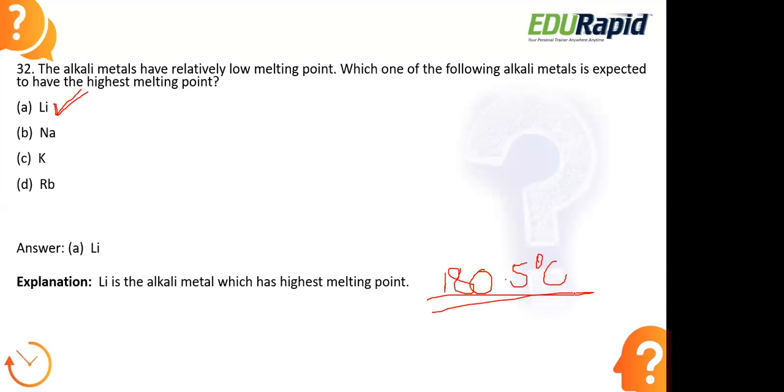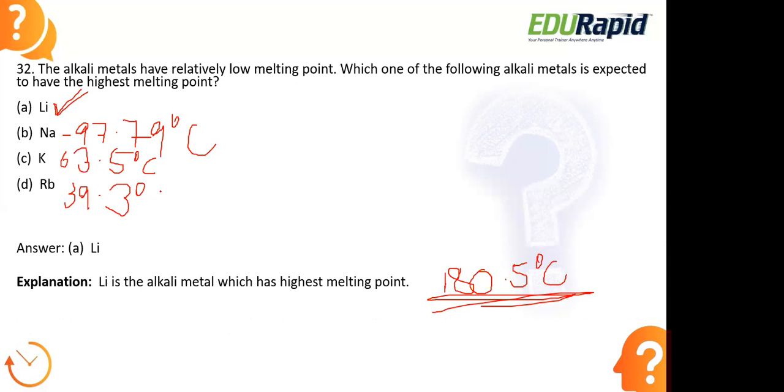But when we look at the rest, sodium has a melting point of 97.79 degrees Celsius, potassium about 63.5 degrees Celsius, and rubidium 39.3 degrees Celsius. But when we compare all of these with lithium, lithium is the one which has the highest melting point, right?